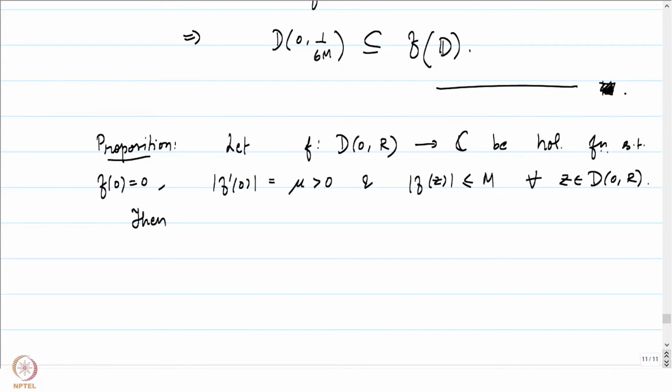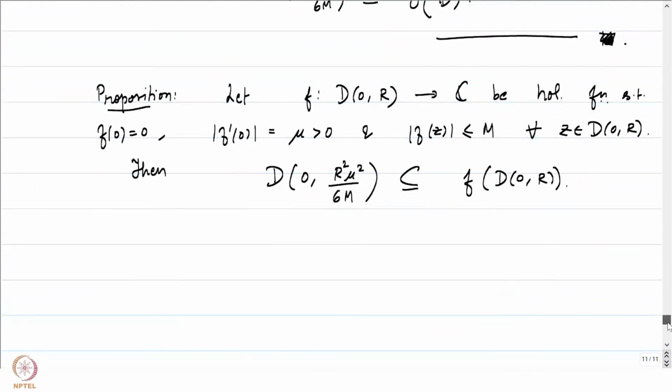Then for this family of functions, we can say that the disk of radius r square mu square by 6m is contained in the image of D(0, r) under f.